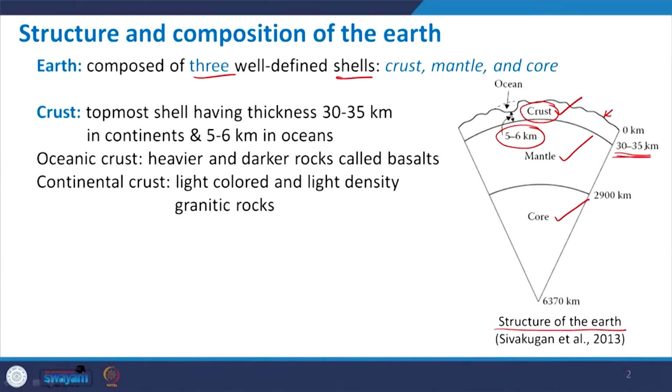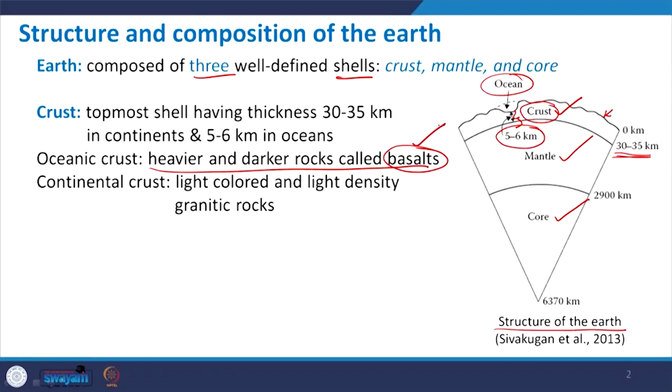Now, wherever there is ocean, the thickness of this crust is less, that is 5 to 6 kilometers, and mostly in this part what you get is heavier and darker rocks called basalts. We will come to this one by one.